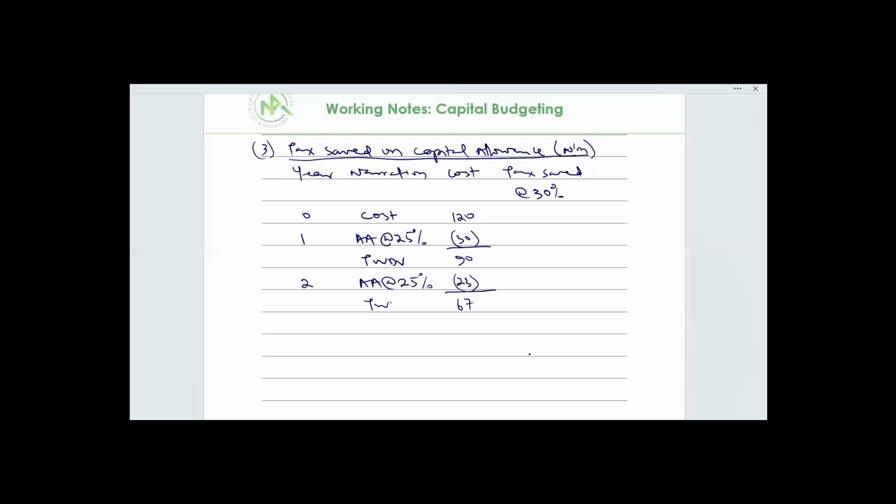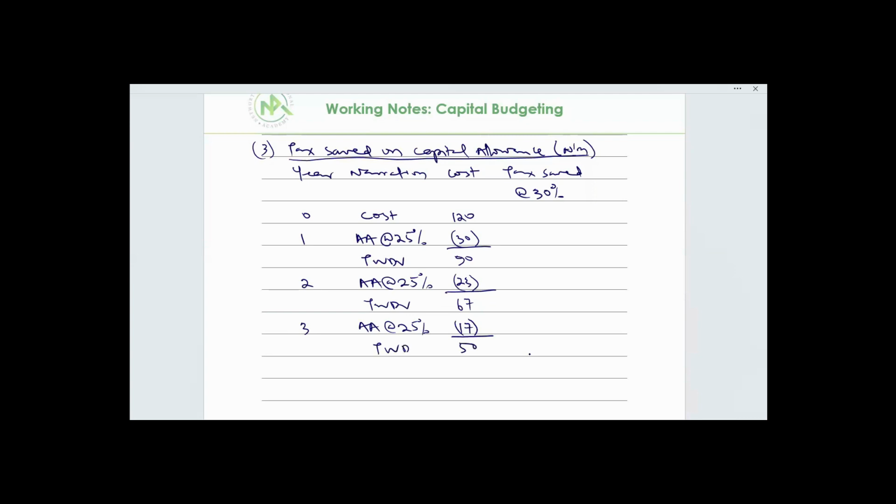So that is the tax written down value at the end of year 2. I will move to year 3, annual allowance at 25%. What's 25% of 67? 17. 67 minus 17 will give me 50.